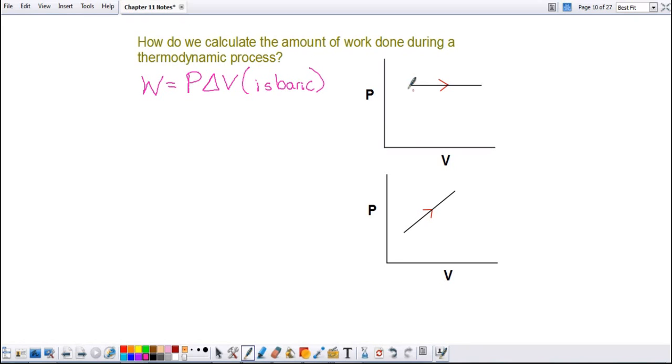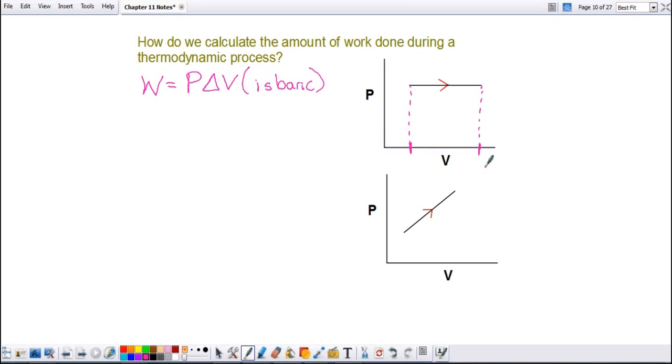In this graph we've got pressure and it's constant. What's happening though is the arrow is telling us over time which way we're going. So we're going to the right over time, which means our volume starts here and ends there.